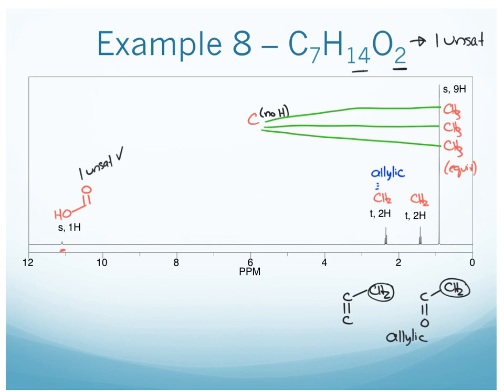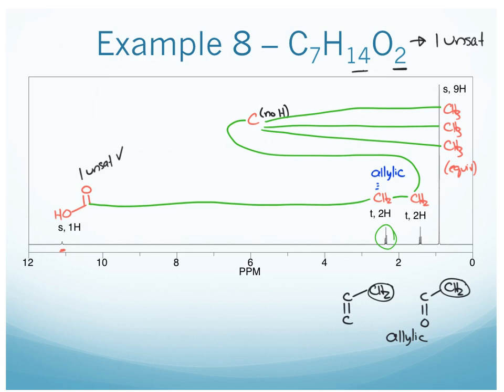Okay, from there we have our CH2 that we marked as allylic, meaning it's next to a carbon double bond. Well, our only carbon double bond is our carboxylic acid, so we can make that connection. Now that CH2 is a triplet, meaning it should be connected to something with 2 hydrogen. Well, it has a CH2 next door. And then we can connect this CH2 to our carbon with no hydrogen, and now everything works.